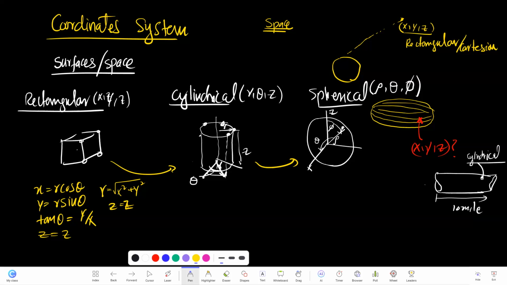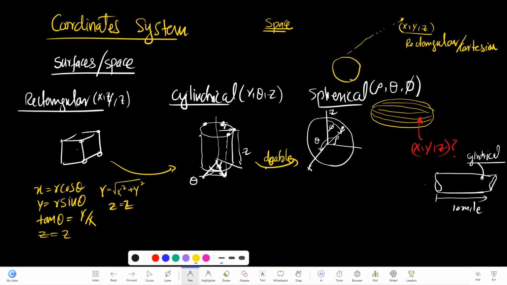The other one, cylindrical coordinates to spherical coordinates, we cannot do directly. So what you do is go from rectangular to spherical. That is more doable, right? Cylindrical to spherical is not a doable job.